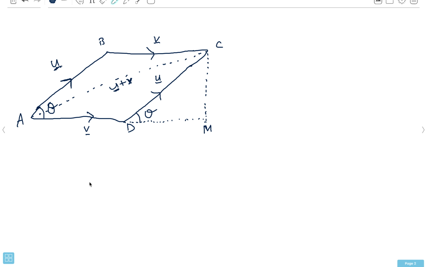If you can't see it, then imagine I drew a line like that, and this one came up at an angle theta, and this one is parallel to that line. That means that this is coming up at the exact same angle, theta.